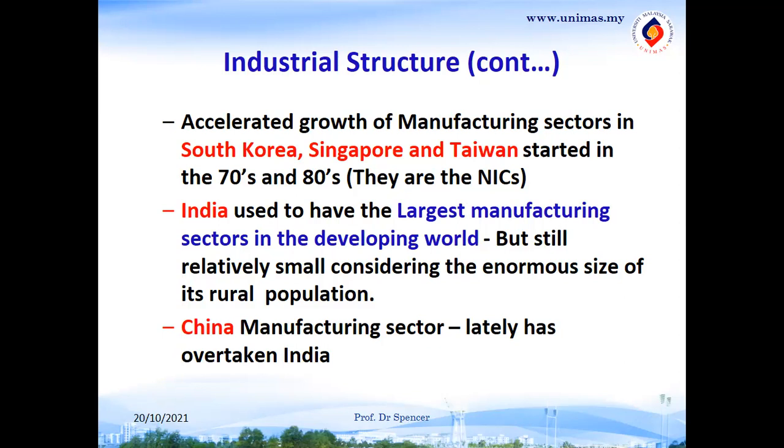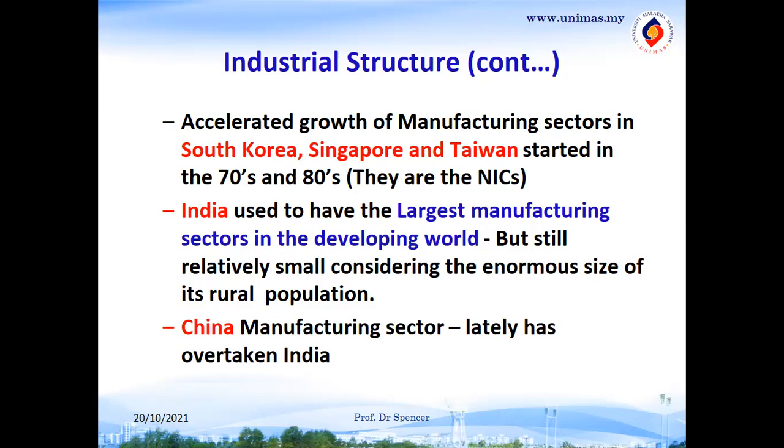Yeah, it does have a big manufacturing sector, one of the biggest among the developing world. China, dia punya manufacturing sector lately has overtaken India, and as I mentioned earlier on, China is now second to the US dari segi size of the economy.